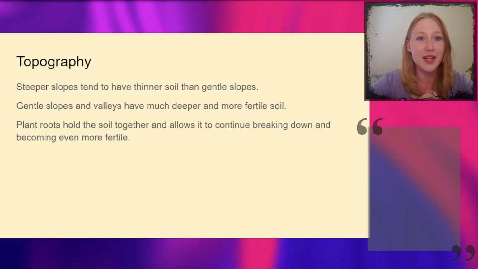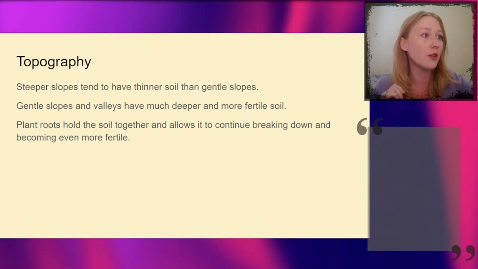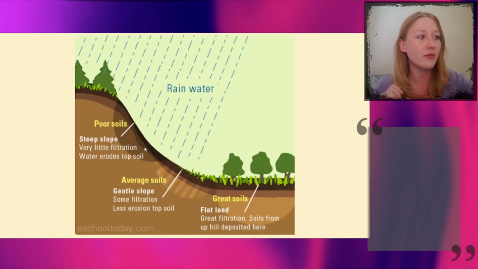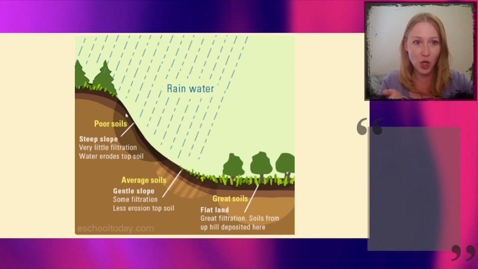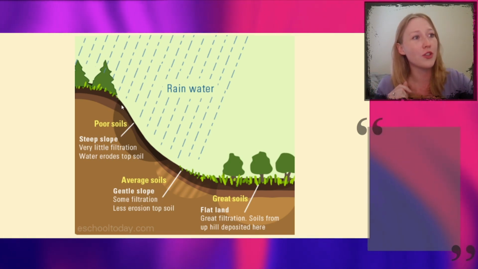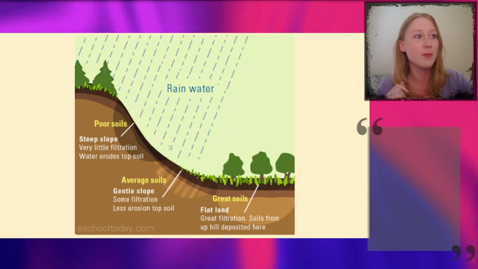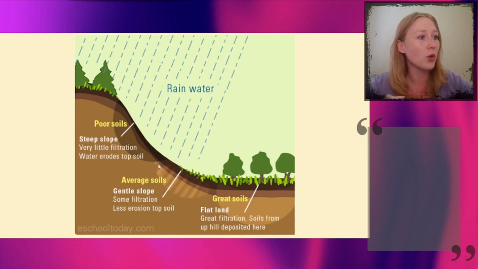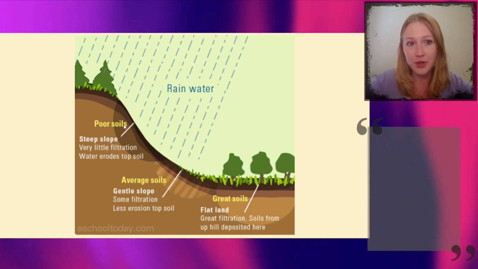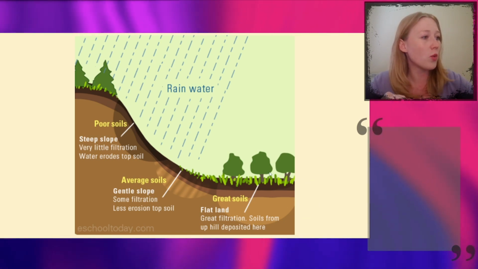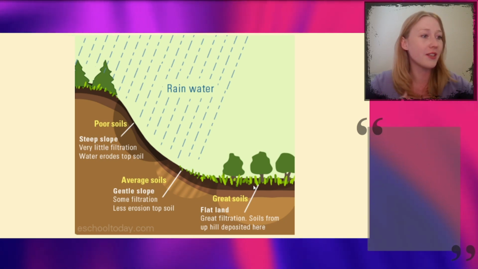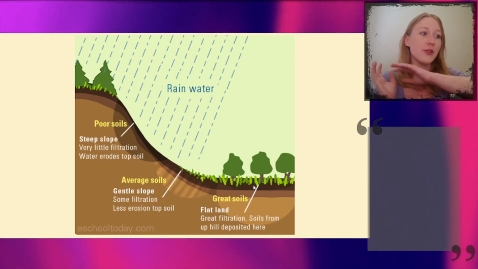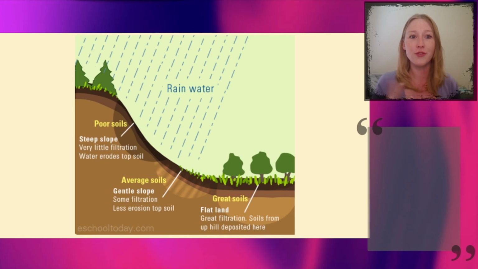Basically, the reason for that is that where you have the steep slope, the soil would just kind of roll down, especially if you have rain or wind or anything like that. It will just roll down and it won't really build up on the slopes. And then towards the bottom where it's flatter, it slowly builds up and you have these thick layers of nice fertile soil.